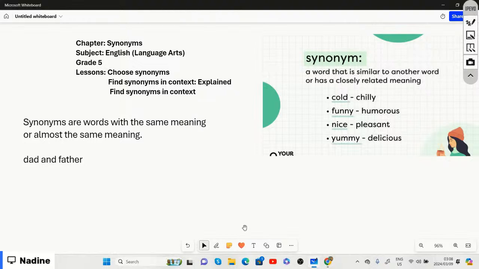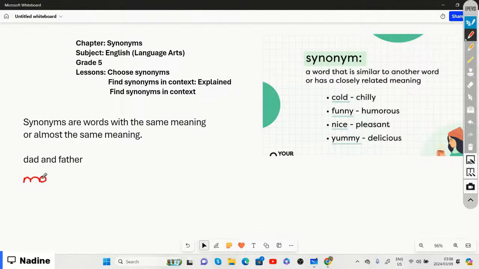Another example of a synonym is we can also say mom and mother, right? Because both of them also play the same role. We either say this is my mom, this is my mother.